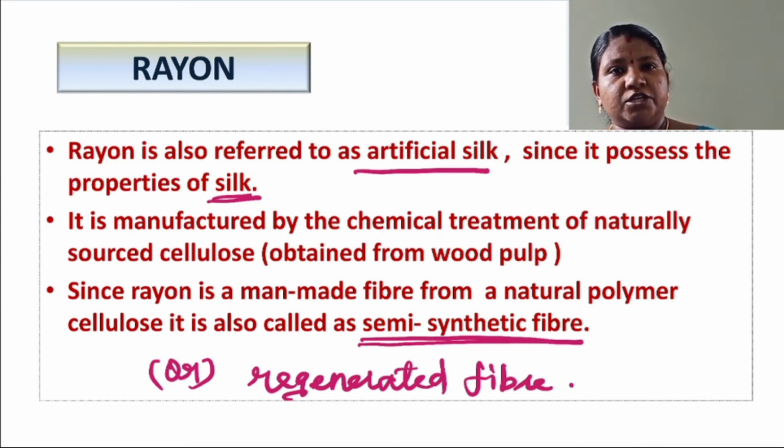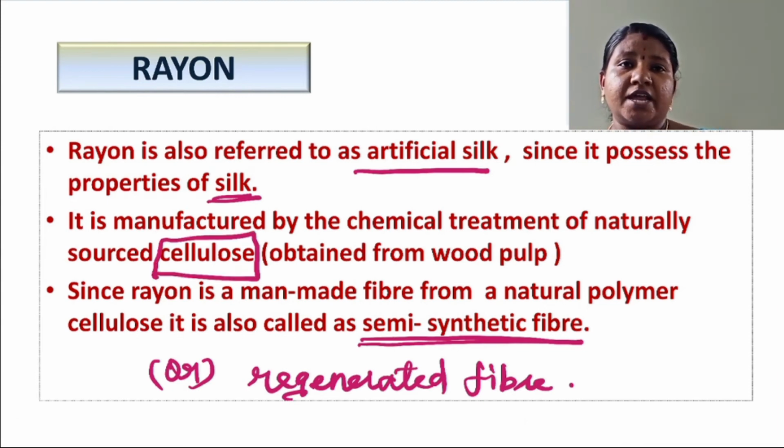It is manufactured, and again we know synthetic fibers are made from petrochemicals, isn't it? But for rayon, though we use chemicals, the major ingredient is a natural one, namely cellulose material, which is taken from the wood pulp.